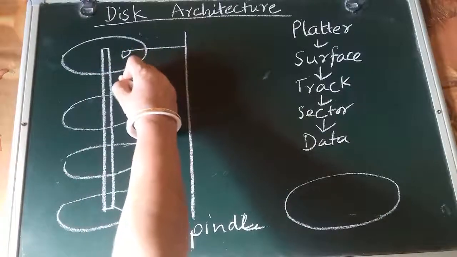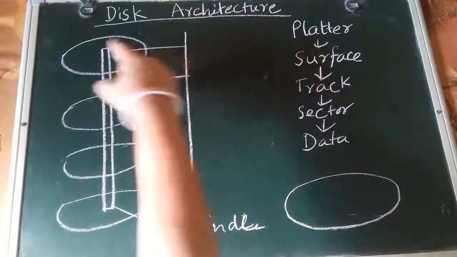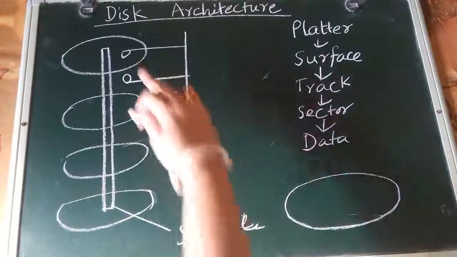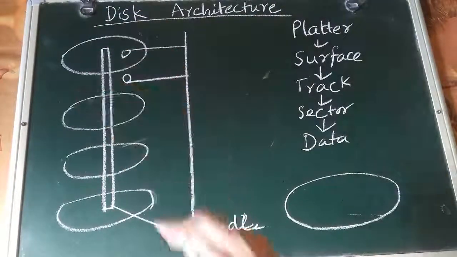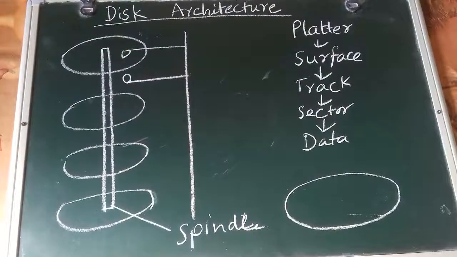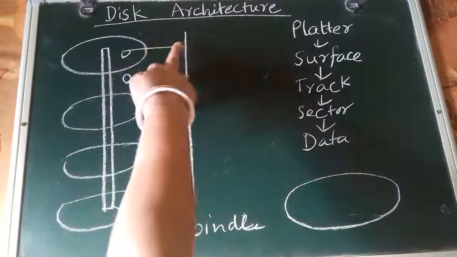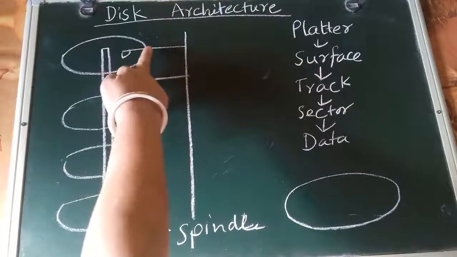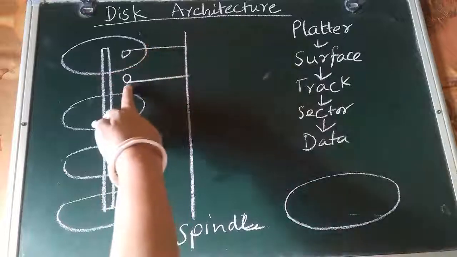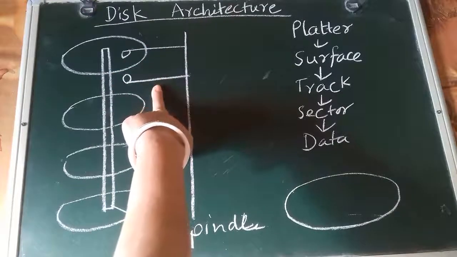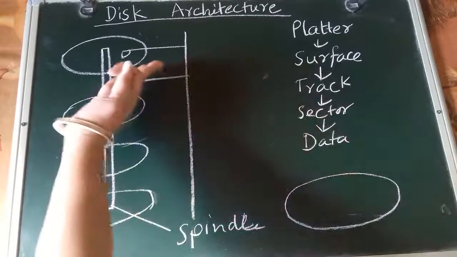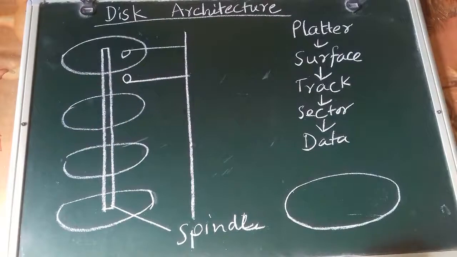There will be 2 read write heads present for a particular platter. One will be on the upper side of the platter, one on the lower side. The upper read write head will write the upper side of the platter, and the lower read write head will write the lower side of the platter.